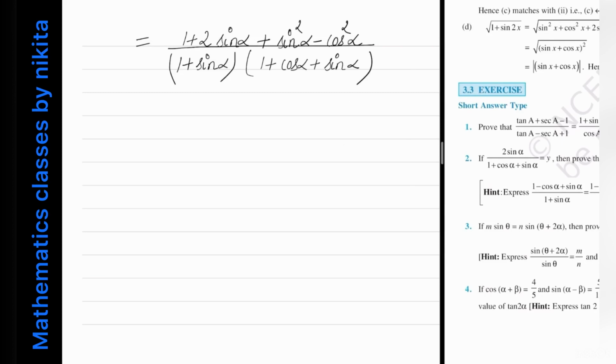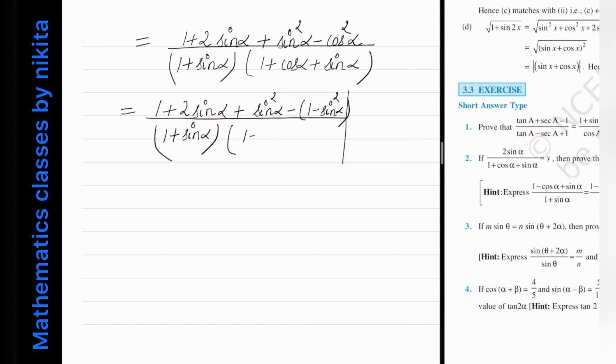Okay, now instead of cos square alpha I can write 1 minus sin square alpha. So this will become 1 plus 2 sin alpha plus sin square alpha minus 1 minus sin square alpha, divided by 1 plus sin alpha multiplied by 1 plus cos alpha plus sin alpha.